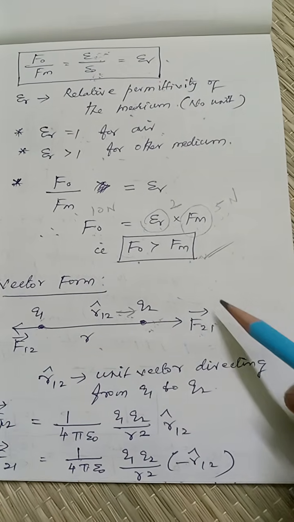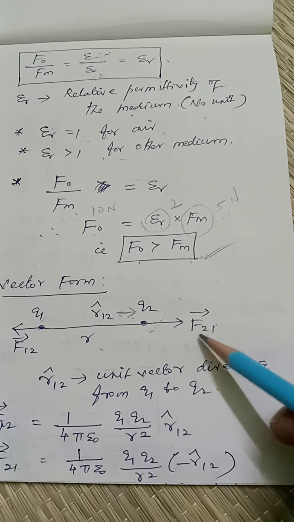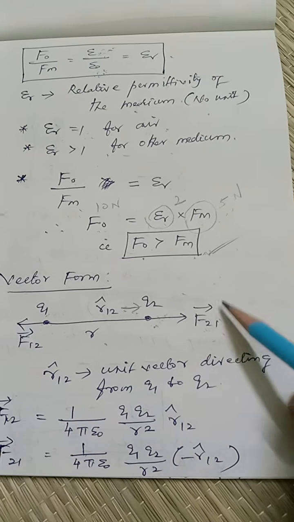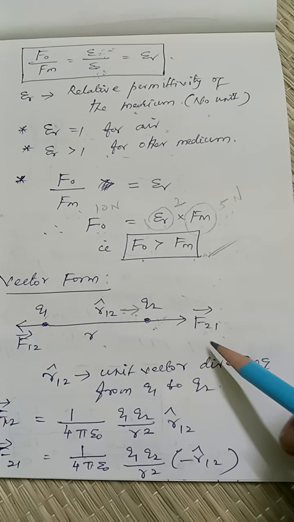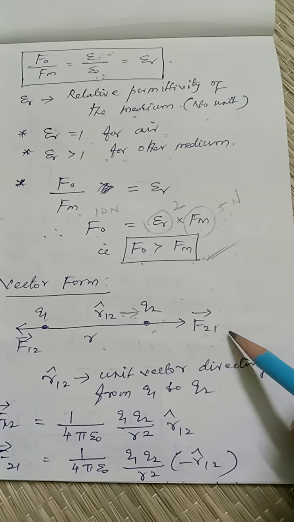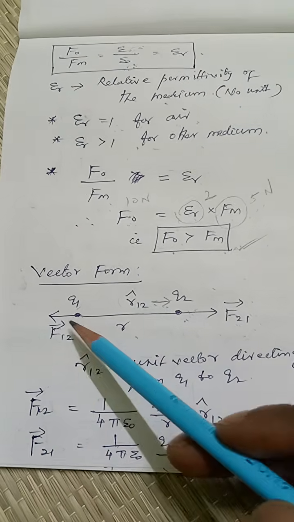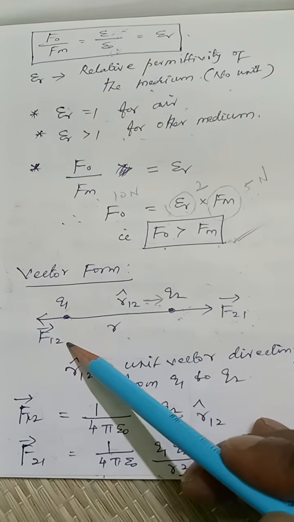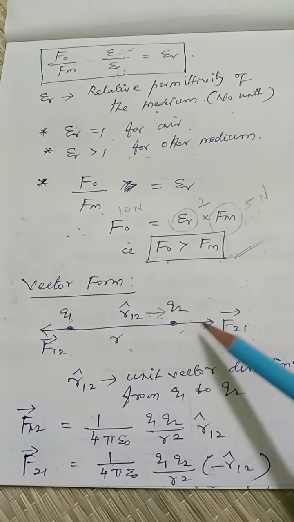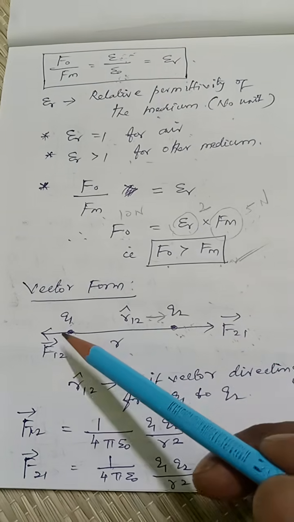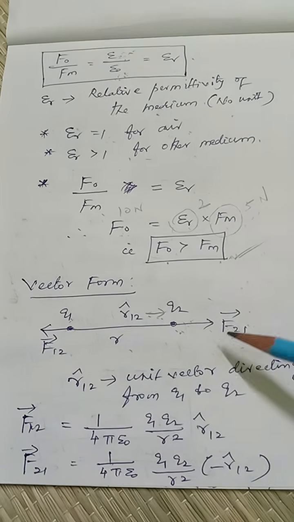So we should write it this way, F21 vector. So F21 vector represents the force acting on 2 due to the first charge. Similarly, F12 vector represents the force acting on Q1 due to Q2. That is, Q2 pushes Q1 in this direction.